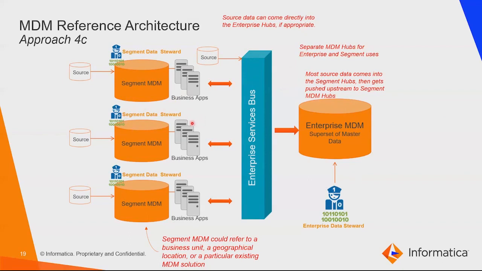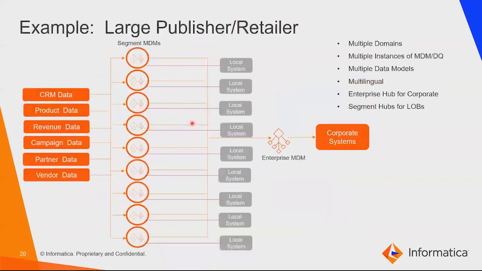So let's see an actual example to understand all these three architectures in detail. Let us consider a huge publisher or a retailer kind of customer who is handling various types of data, right? They could have multiple CRMs, and each CRM could be sending in a lot of data.